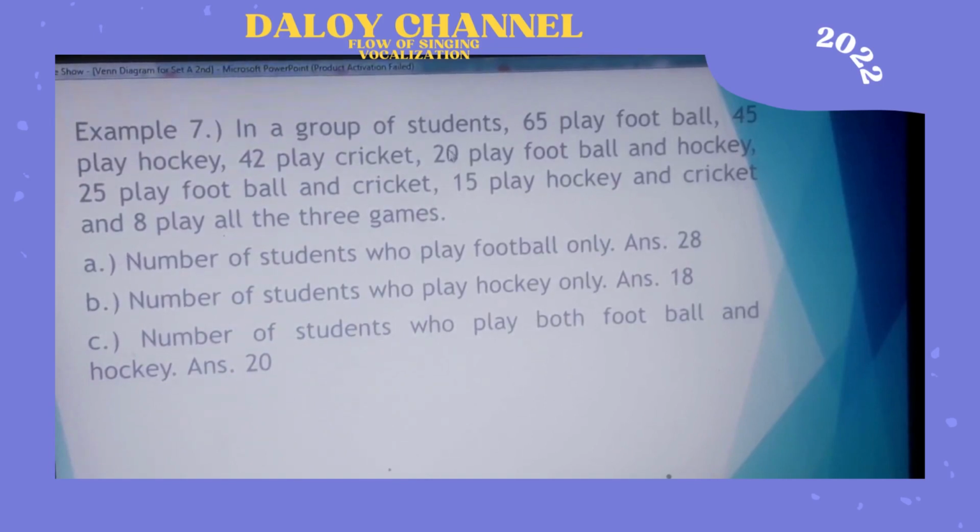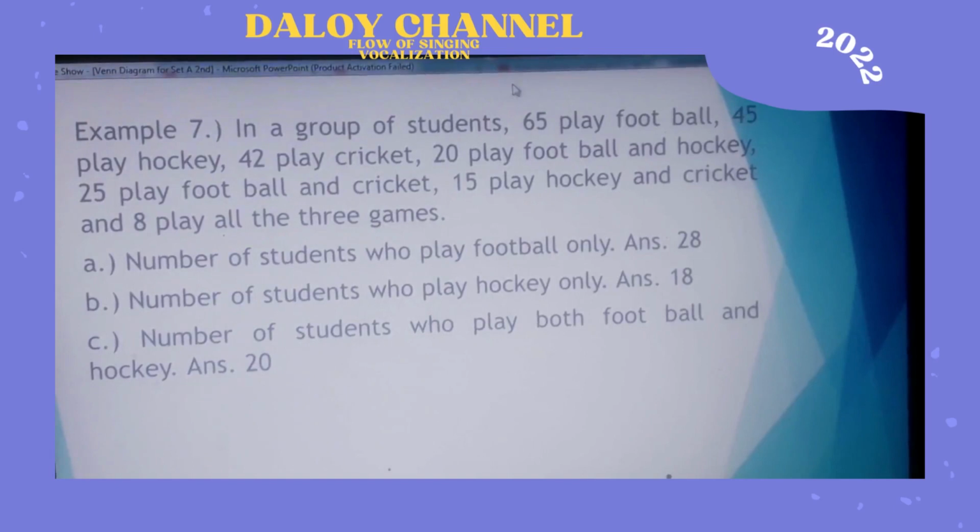And for football and hockey, 20 subtracted by 8, we have 12. So 17 for football and cricket, 12 for football and hockey, and 8 who play all 3 games.